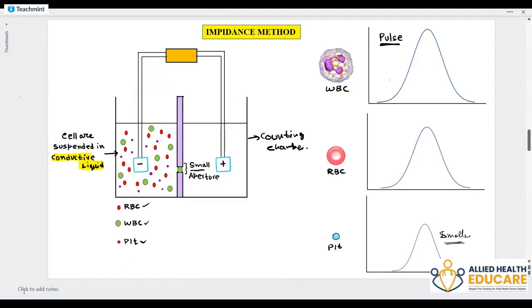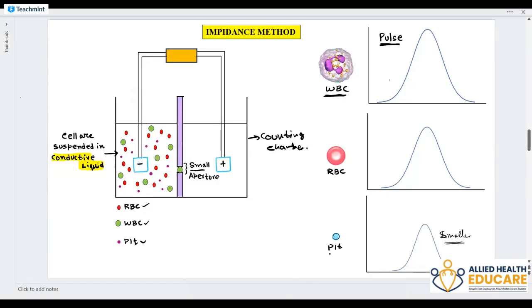As the WBC is larger than RBC and platelet, the pulse is much bigger.